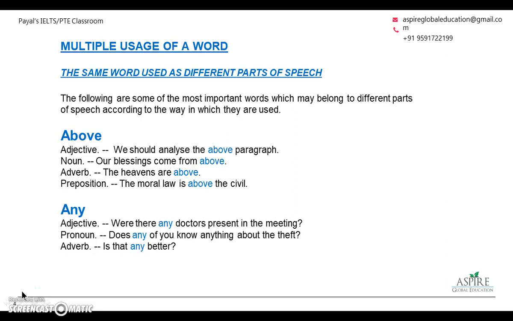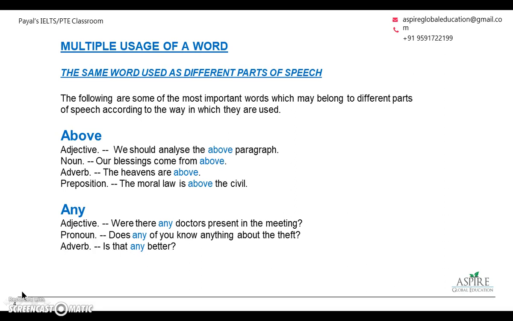Our blessings come from above. So our blessings come from somewhere. That blank is basically a noun, where you can say that my blessings are coming from somewhere. So from where? That is acting as a noun. So here the word above is acting as a noun.